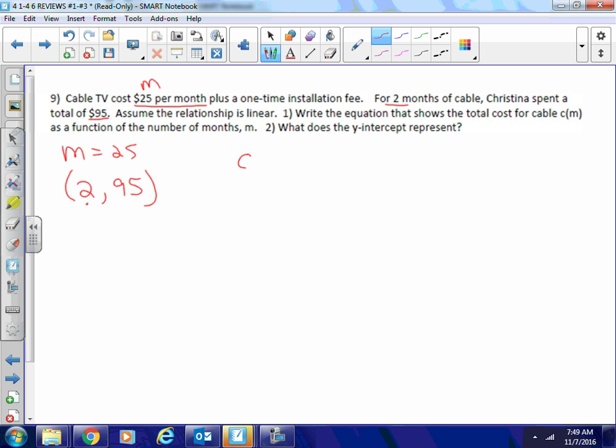So C of M equals, well, our slope is 25, but we don't know our B. And at this point, we've got too many letters to solve for our B. So let's plug in our ordered pair, our X and our Y. Our Y value will go in for C of M. And our X value will go in for our number of months, that's a 2.